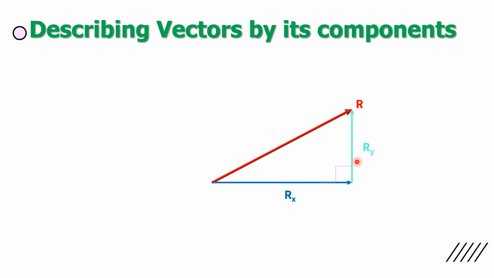When we have a right triangle, the length of the two sides and the hypotenuse are related using the Pythagorean theorem. So if you can recall, if C is the hypotenuse and A and B are the two sides, then C squared equals A squared plus B squared.